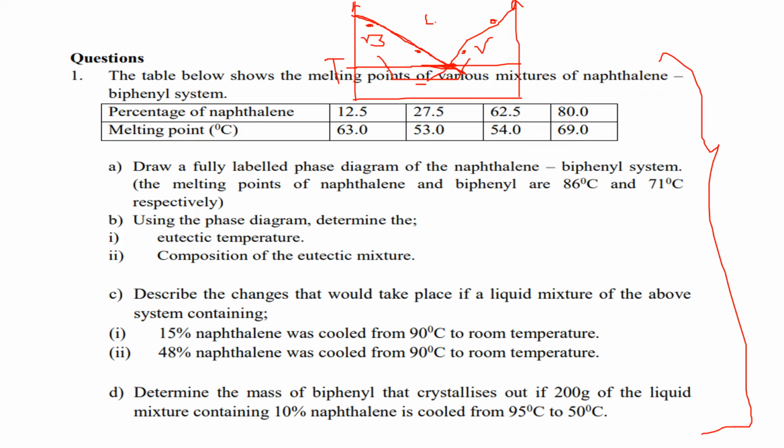So you label your graph properly. You also label their pure melting points because they are marked. So after doing that, you pause the video and take the notes. You copy down the question, and then we see what's going to happen in the next slide.